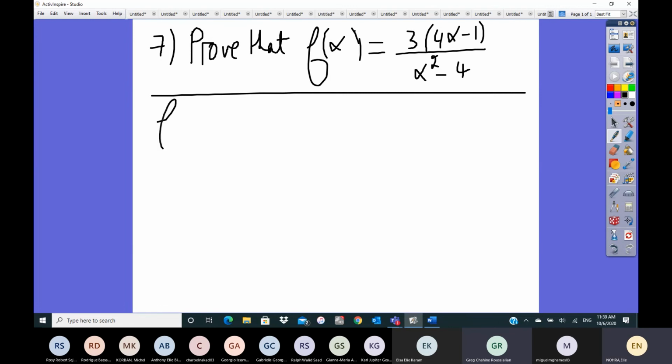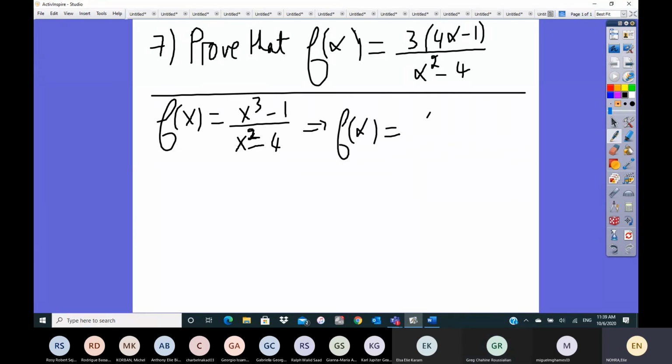We need to replace. Let me remind you, f of x is x cubed minus 1 over x squared minus 4. Okay. So f of alpha is alpha cubed minus 1 over alpha squared minus 4, correct? Yes. Great.